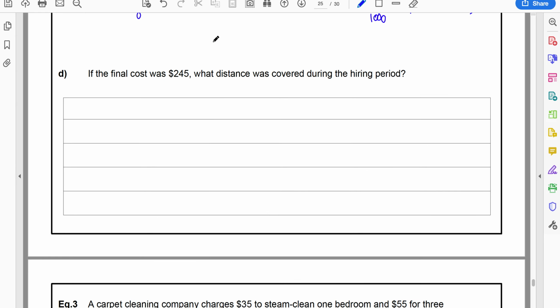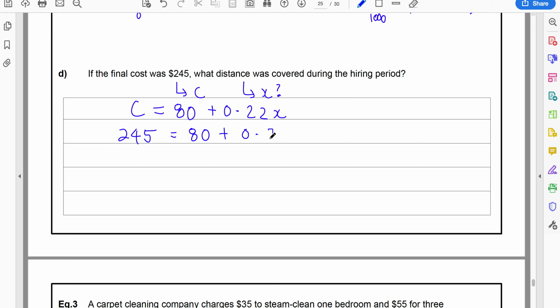Finally, for this one, if the final cost was 245, so that's C, what was the distance covered? So what is x? Now, once you've got your rule, that means we can substitute. We can substitute C or we can substitute x. In this case, we're substituting C because we're told that it's 245, and we're trying to work out what x is.